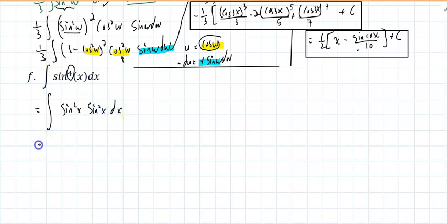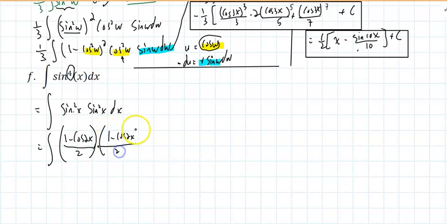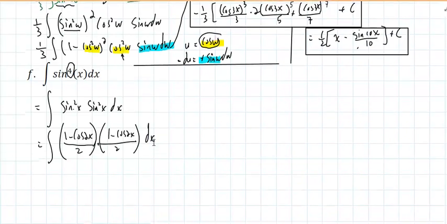No way around it. And the only way to get rid of that is to say sine squared is 1 minus the cosine of 2x divided by 2, quantity squared, or times 1 minus the cosine of 2x divided by 2. Lengthy problem, bear with it.